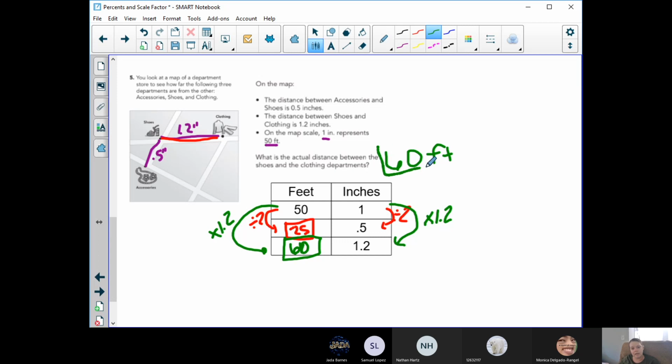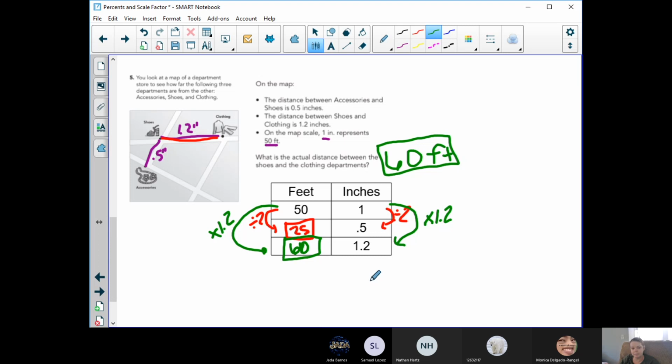What if the question asked, how far did you walk? Sorry, I was making sure there was no name. How far did you walk in the store if you went from accessories to shoes and then shoes to clothing? How far did you walk?